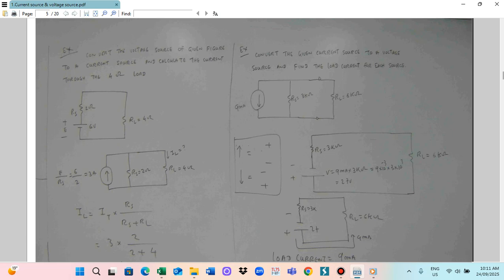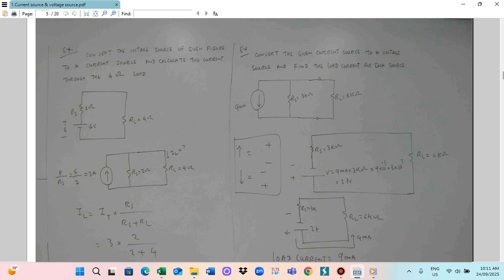We also need to find the current passing through the 4 ohm load. So you have to find the current IL. How to find the current? You have to use the current divider theorem. The total current is 3 ampere.